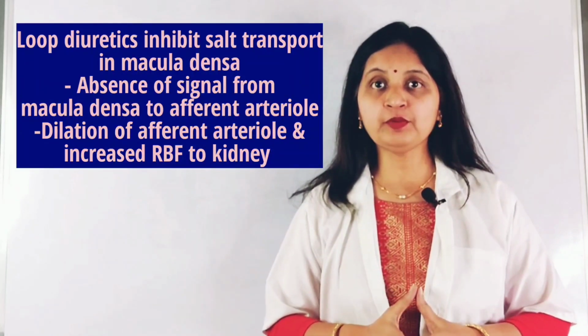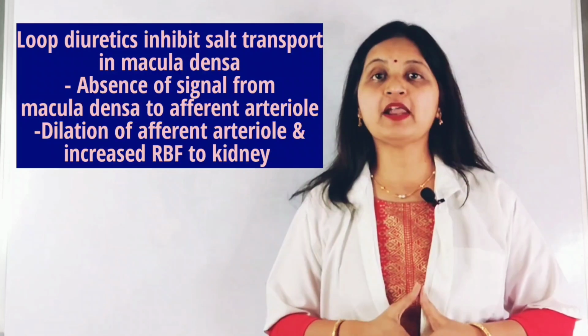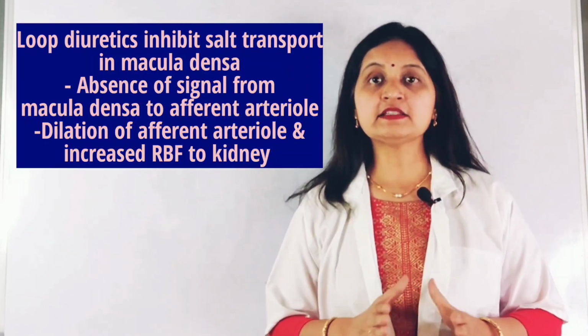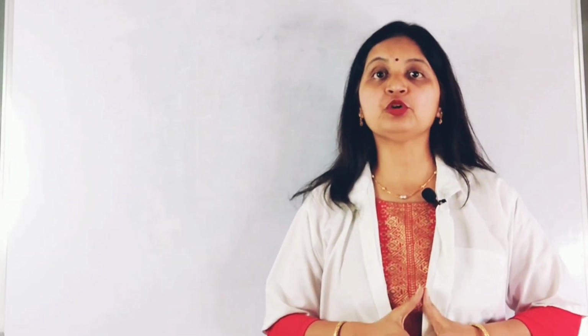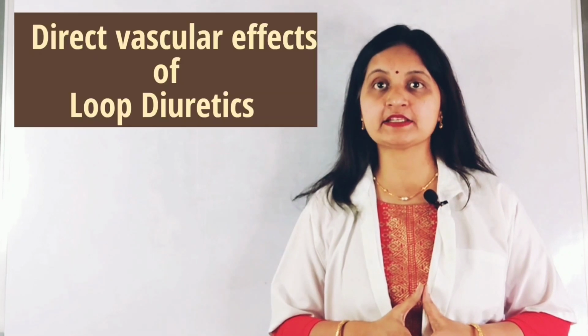Due to blockade of tubular-glomerular feedback, the renal blood flow increases. Thus, loop diuretics increase renal blood flow by increasing prostaglandin synthesis and by blocking the tubular-glomerular feedback mechanism.